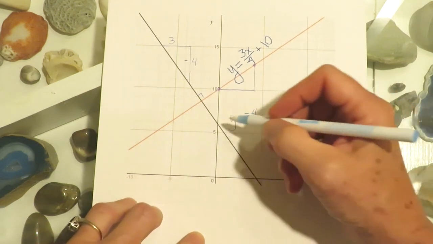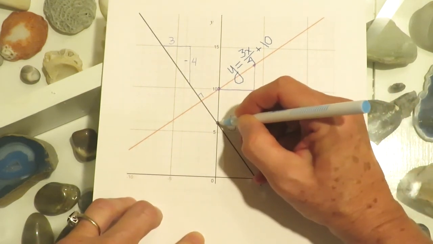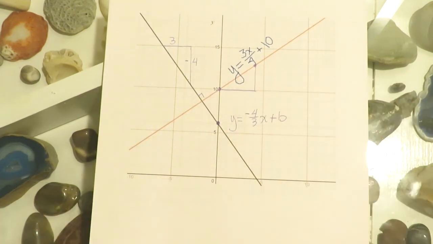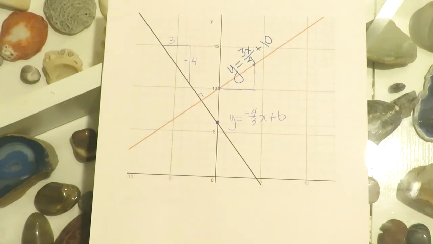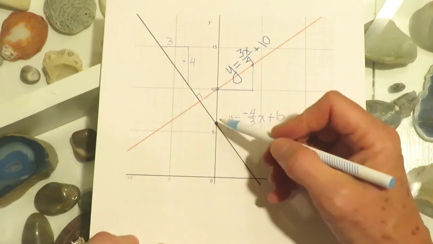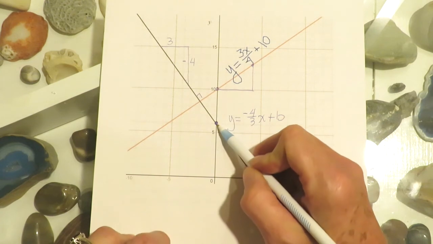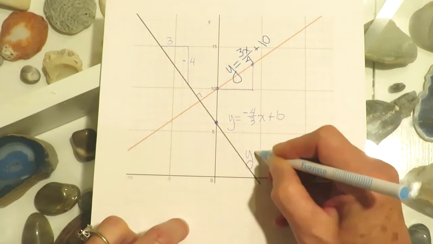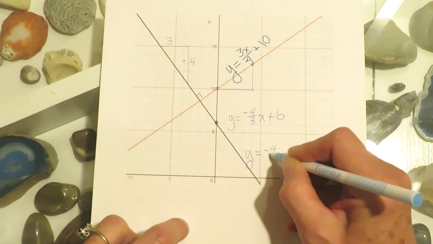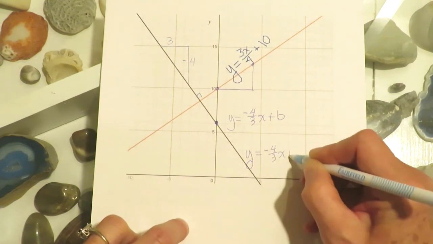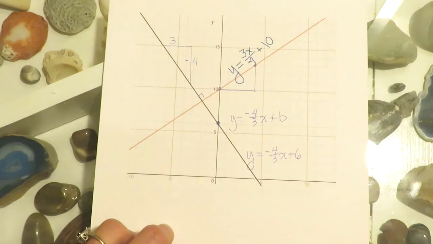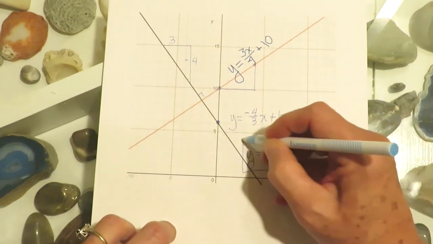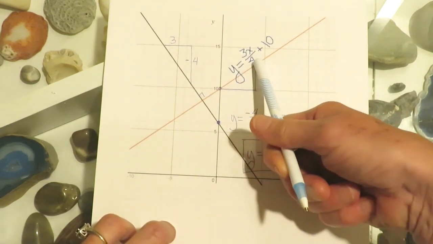In this case, it looks like my y-intercept value is 6. I'm not officially given any particular point, and if I look at the y-axis, it looks like I'm crossing over at 6. So I would finish off the equation: y equals negative 4/3 x plus 6 is the line that is perpendicular to this line.